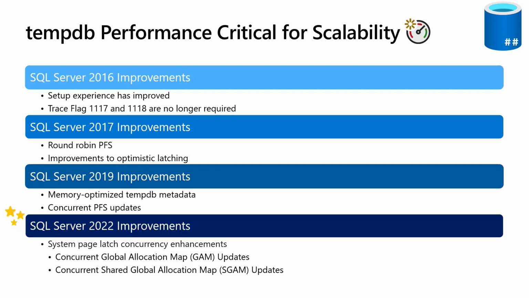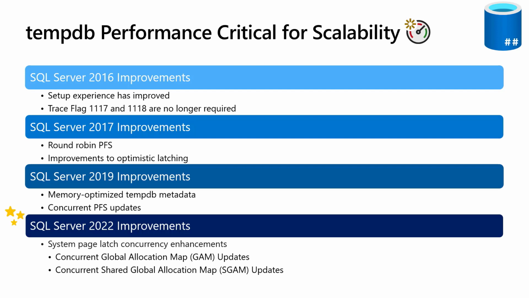So we're just all waiting in line. With the update latch, only one thread can modify the GAM page at a time, and this is what leads us to the contention. And this is also the primary reason we still need multiple data files.